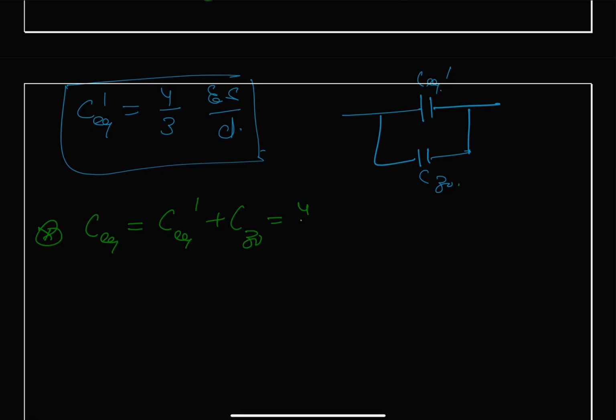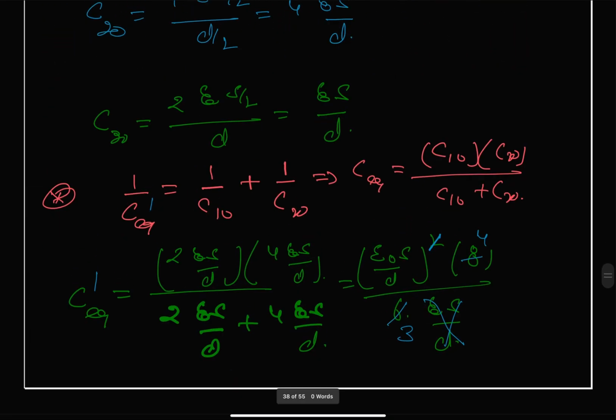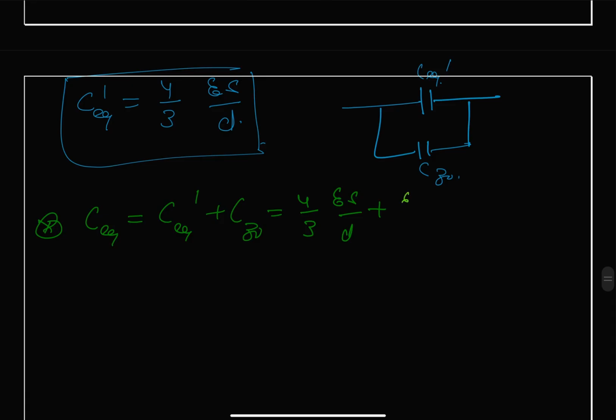And here we have 4 by 3 epsilon naught S by D plus C30, which is epsilon naught S by D. So we take LCM. 4 by 3 plus 1, that comes as 7 by 3 epsilon naught S by D. So this is our equivalent capacitance of the entire setup.